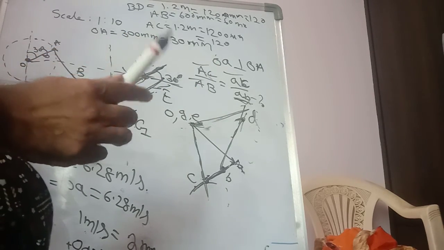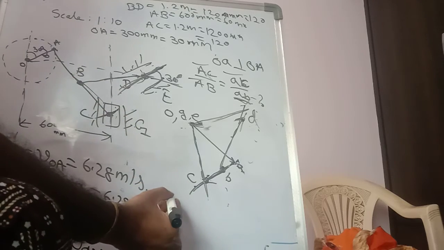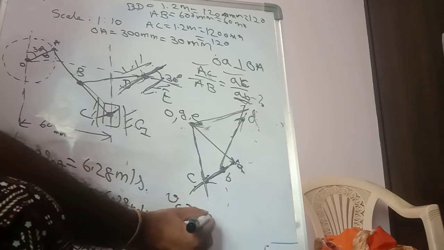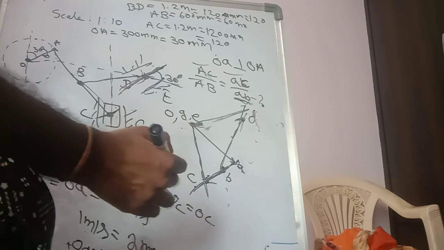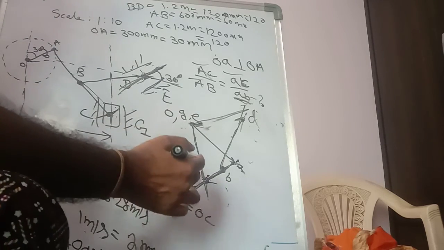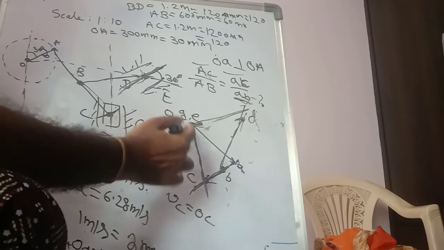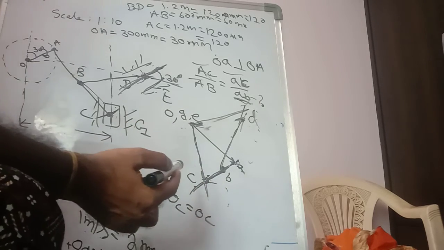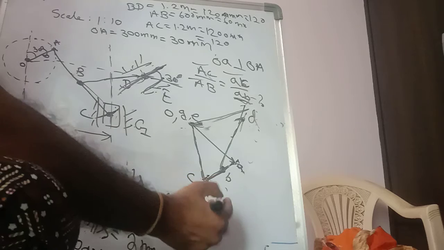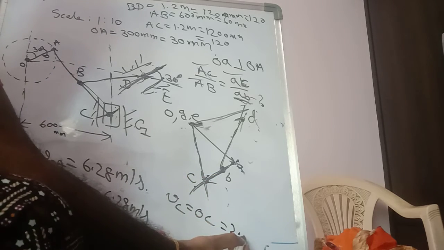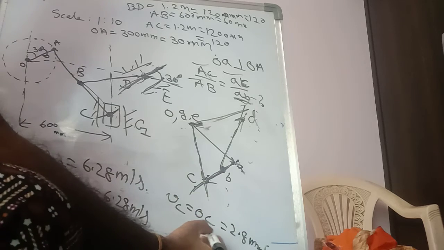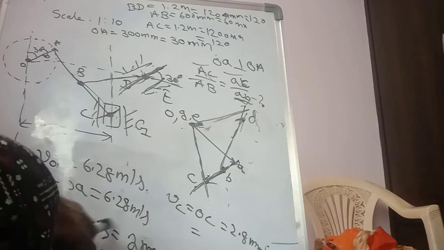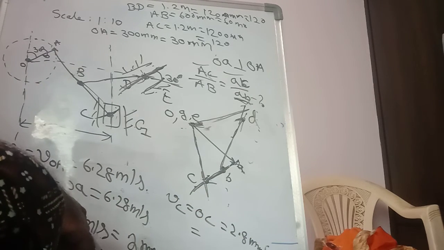We have to find out the velocity of C. So velocity of C is equal to oc. We have to measure this length, oc, and convert it into meters per second. Suppose if you measure the length of oc and it is 10.4 mm, what is the scale? 2 mm is equal to 1 meter per second.